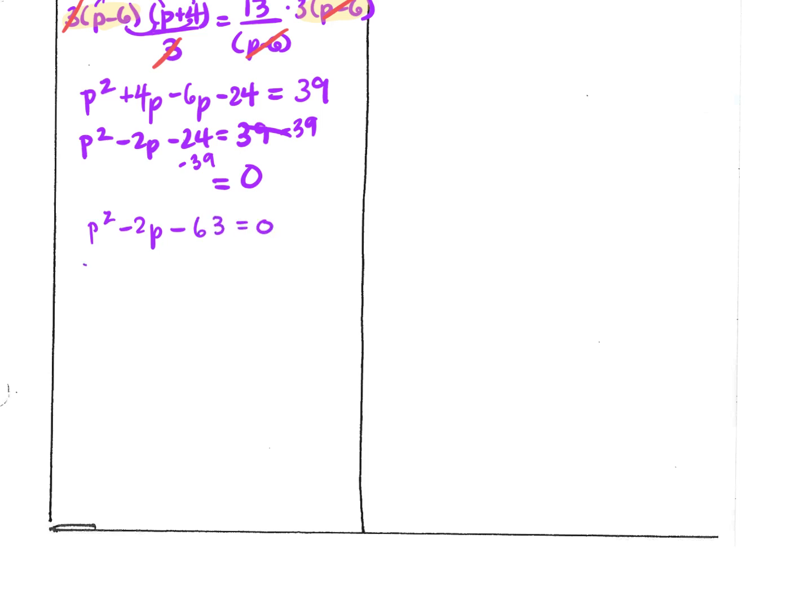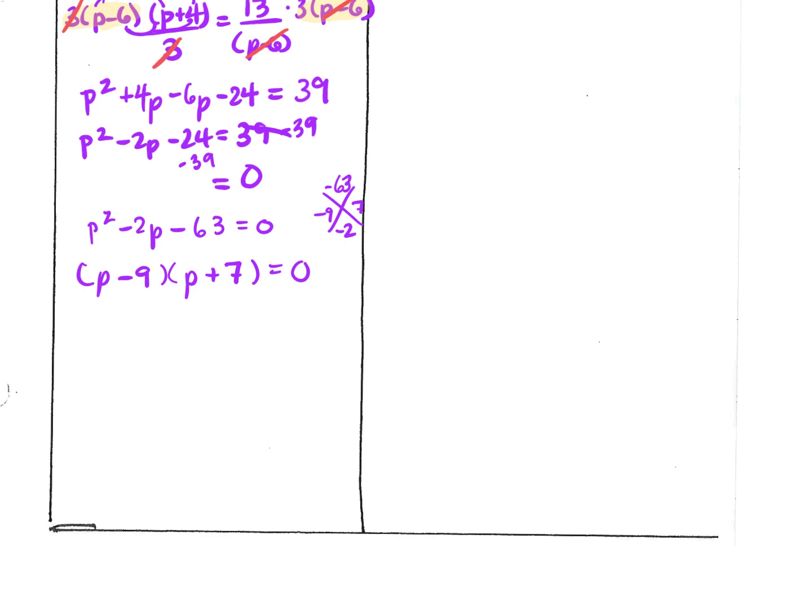All right, what does that factor into? Okay, somebody said -9 and +7, correct? For some of y'all, this is going to be the hardest part. What multiplies to give me -63 that adds up to -2? That would be -9 and +7, correct?